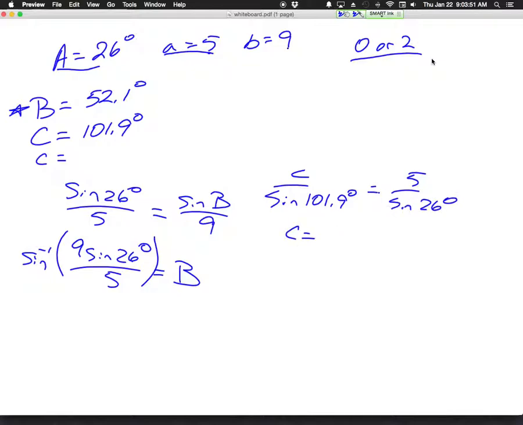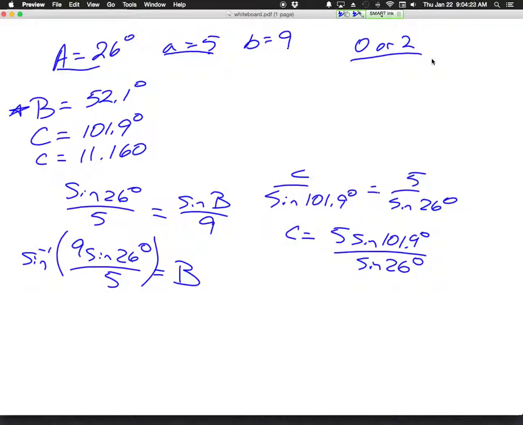Very good. So I get C equals 5 sine of 101.9 over sine of 26. And what do we end up with there? 11.167. Can't be. It's got to be... Oh, you may be right. Yeah, you're right. Never mind. 11.160. I'm thinking about something down the road.